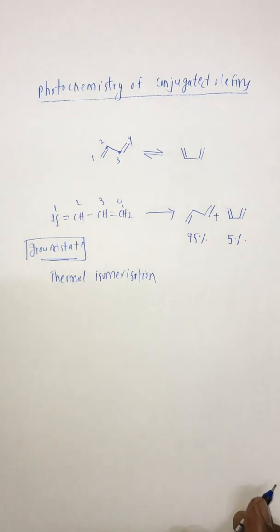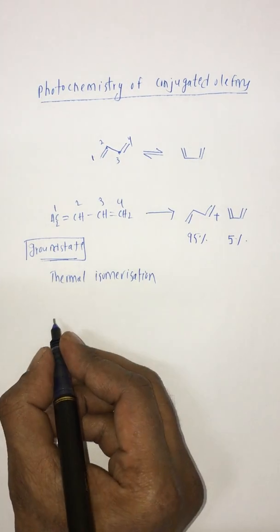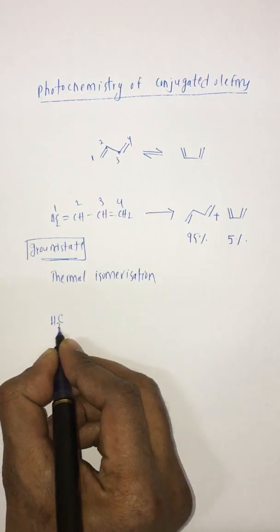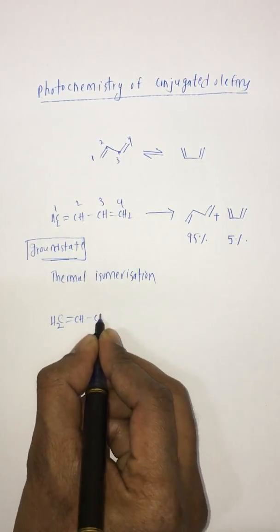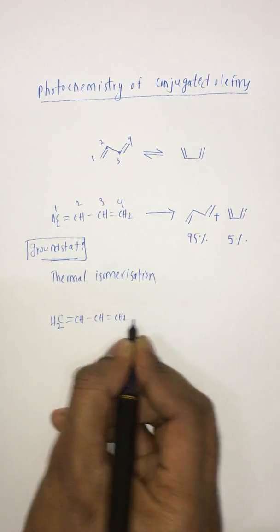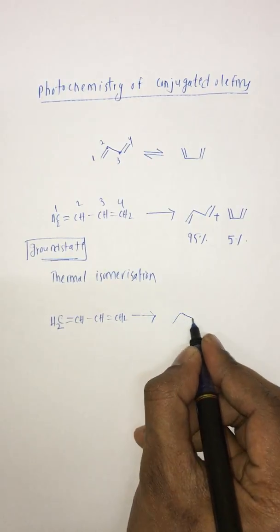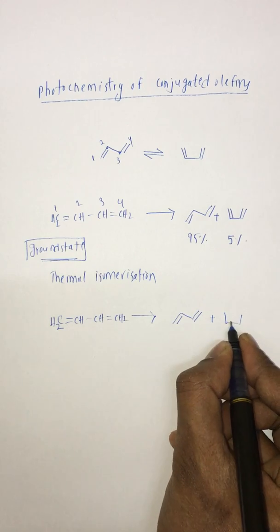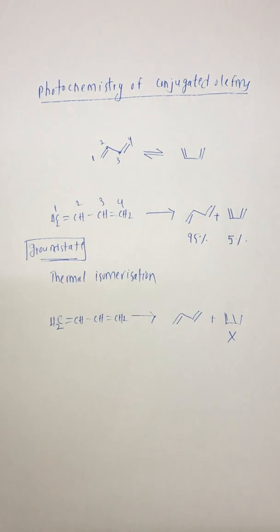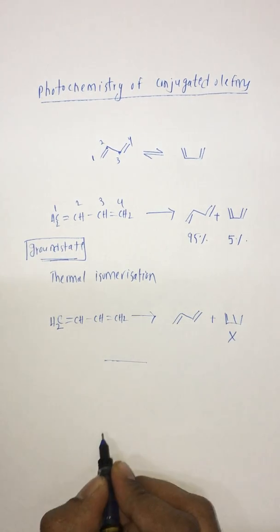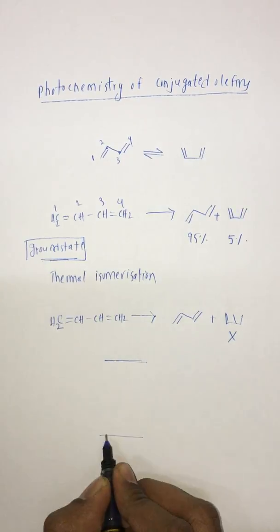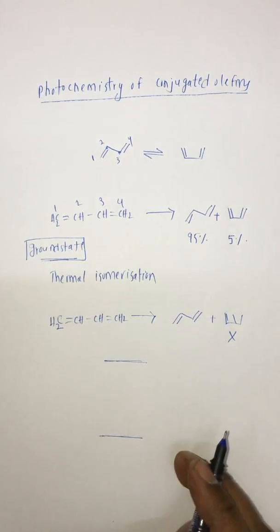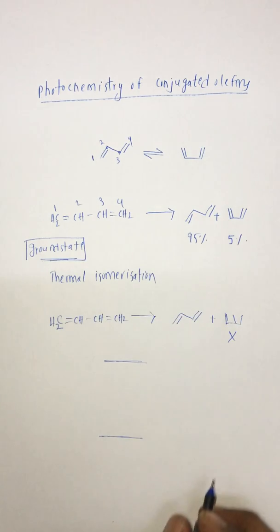When we go to the excited state, we have only trans. There is no cis, because the energy barrier between C2 and C3 is very high in the case of 1,3-butadiene.